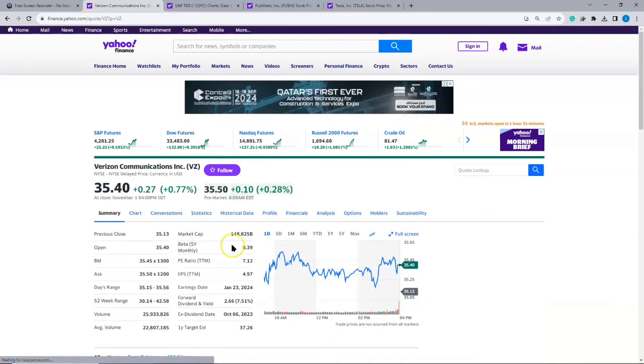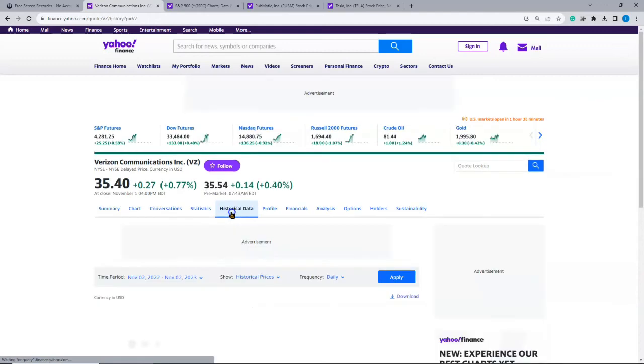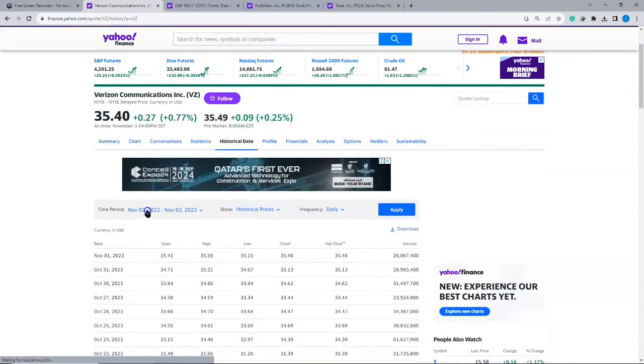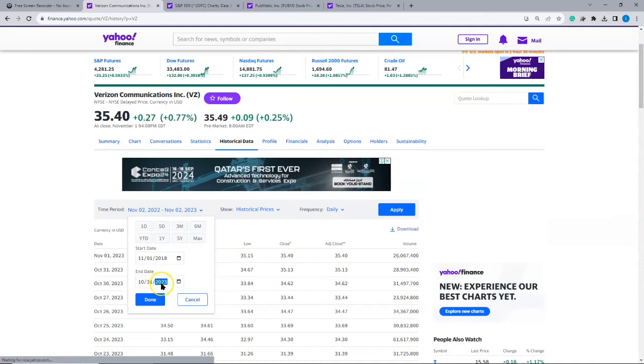Now, how do we calculate the beta if we want the beta for a different time? We go to historical data. We click here to find the data for the last 5 years. Let us select the starting date, November 1st, 2018, until October 31st, 2023.